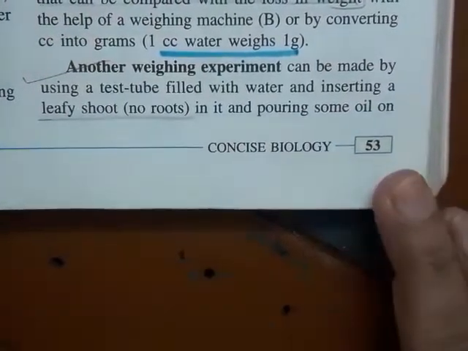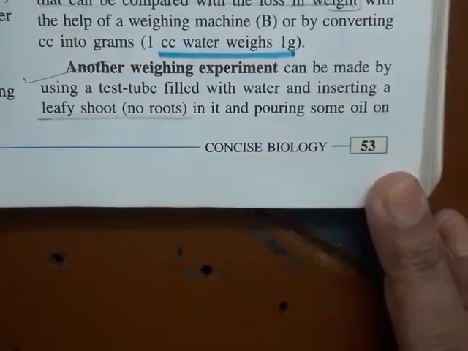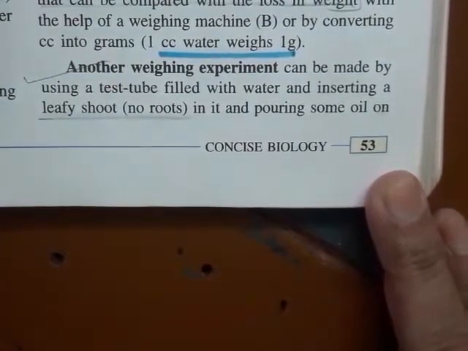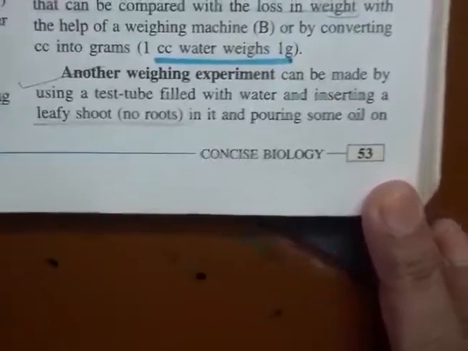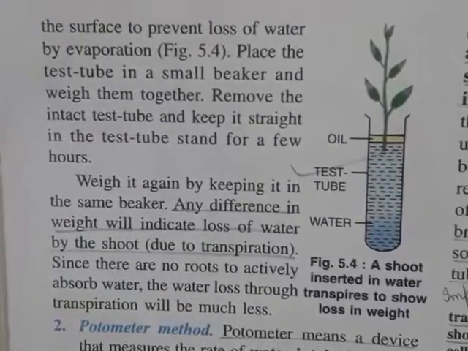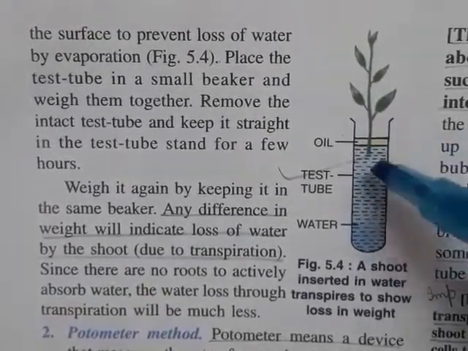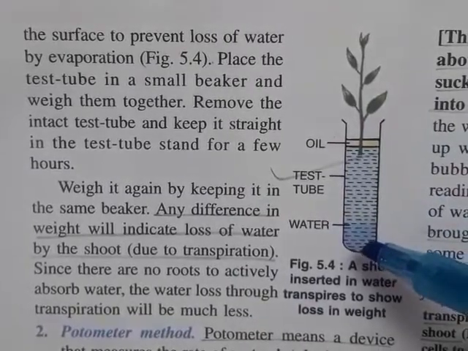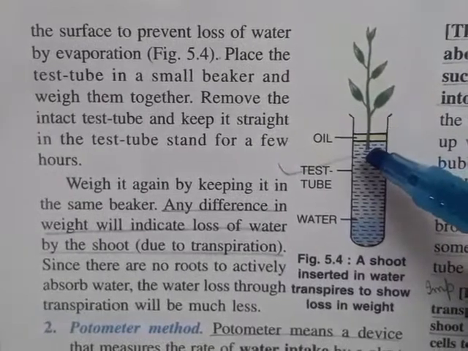There is one more experiment which shows loss of water during transpiration, which causes loss of weight of the plant. For this, I will take a test tube filled with water. I have a plant. Observe carefully, children.